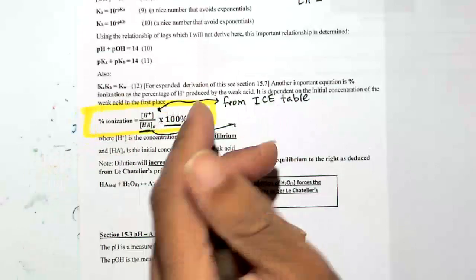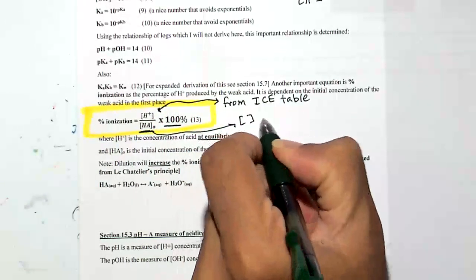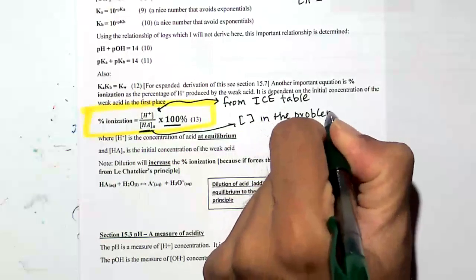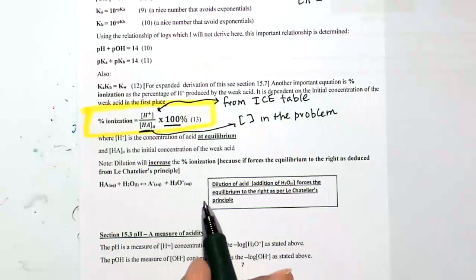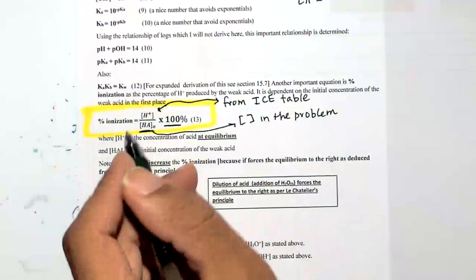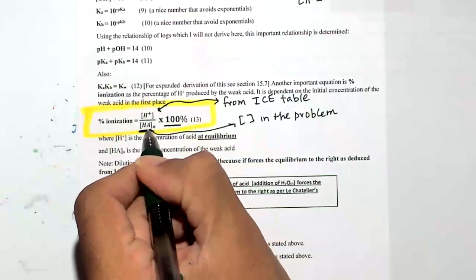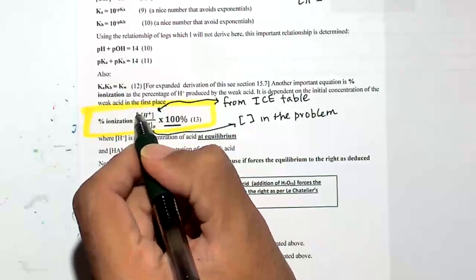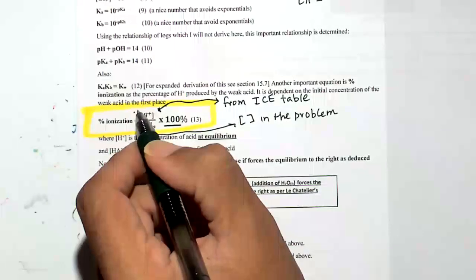And then this is the concentration that is in the problem. If you don't understand this now, don't worry about it, but this percent ionization is going to be important. It tells us how good an acid, HA, is at producing H+.